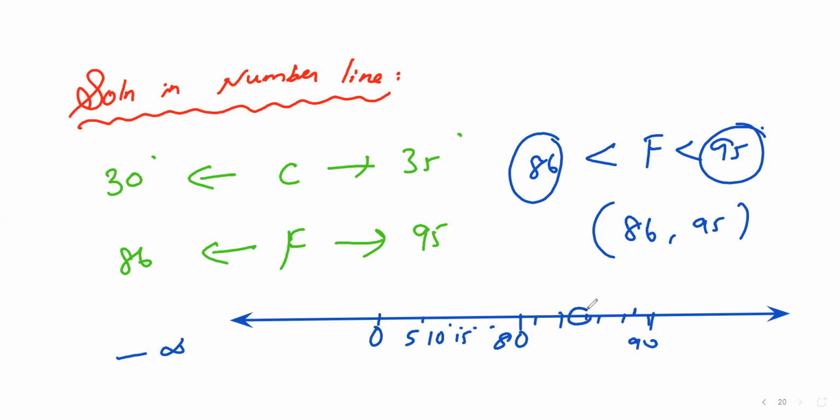So 86 is here and should not be included. And 92, 94, 96; here 95 is. The solutions lie between here. Both are hollow circles.